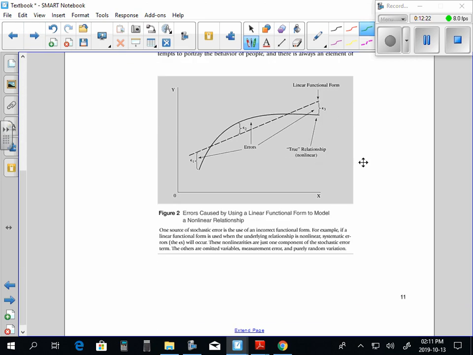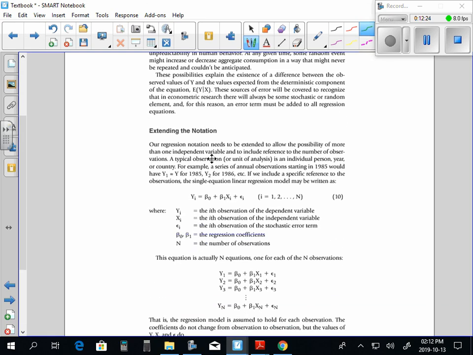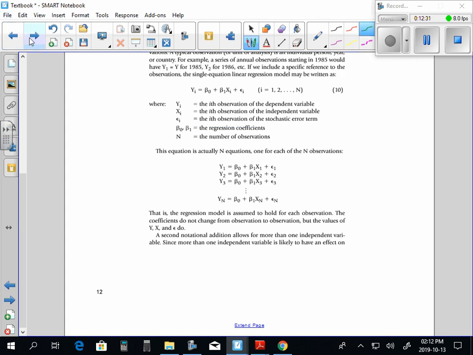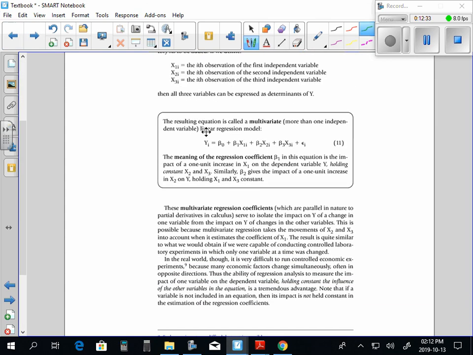Linear functional form, non-linear relationship, we've mentioned a bit about that. Extending the notation, we can have n different observations for a particular study. Meaning of regression coefficient beta 1: in this equation, it is the impact of a 1 unit increase in x1 on the dependent variable y, holding constant x2, x3 and all other variables.